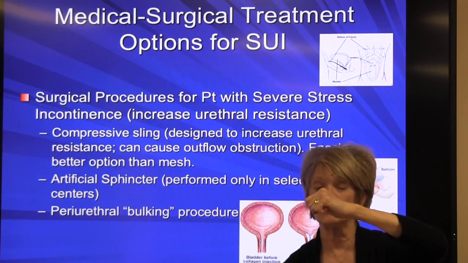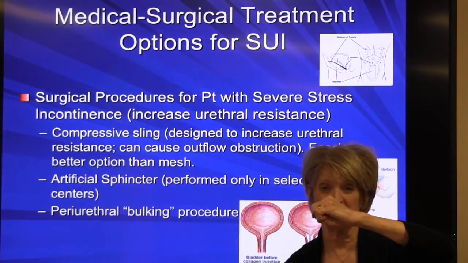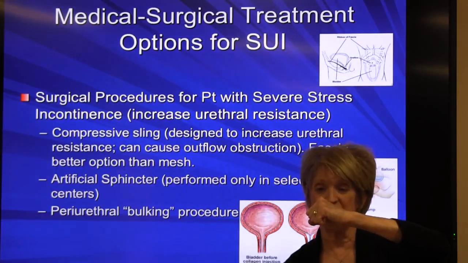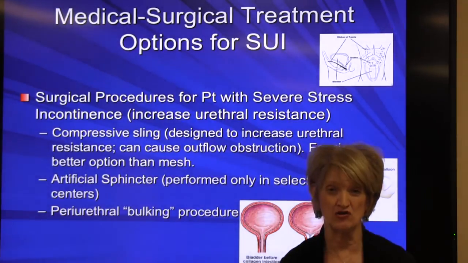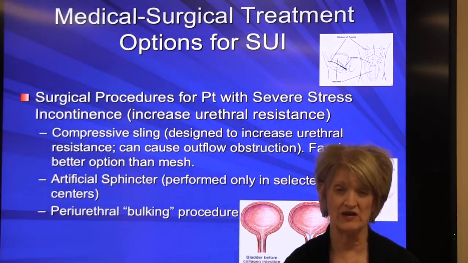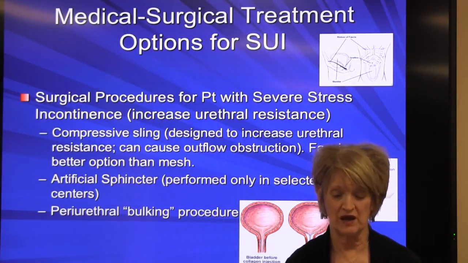So you want it closed at rest, but when the bladder contracts, you want it to be able to open. Closed at rest, but able to open. If you don't close it at rest, you have continued leakage. If it's closed so tightly that the bladder can't open it effectively, then you're going to have a whole new set of symptoms. You're going to have urgency and frequency and obstructed voiding.